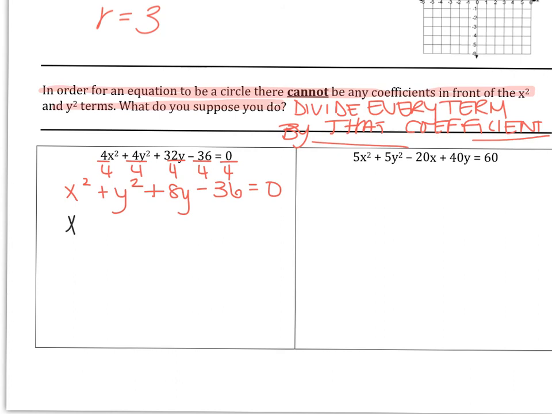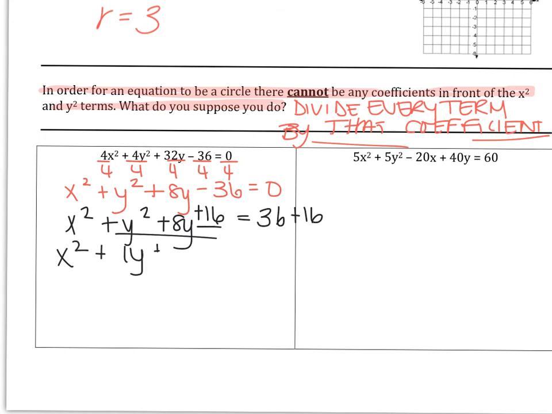So group all my x's together, group all my y's together, move my constants to the right. Complete the square on y, I get plus 16. Factor the left side, I get y plus 4 squared. 36 plus 16 is 52, and I'm done.